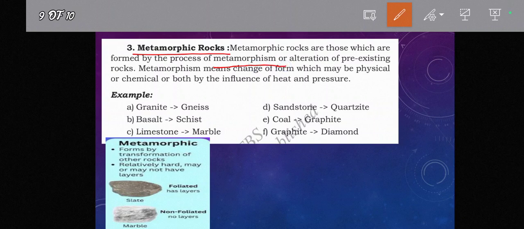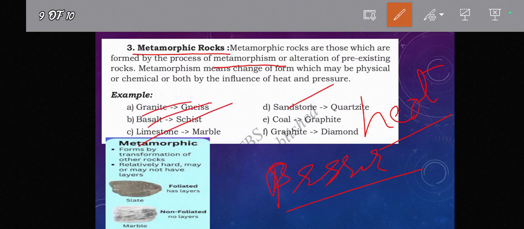Metamorphism is nothing but pressure as well as heat. Heat and pressure are the main factors creating metamorphic rocks like granite, basalt, limestone, sandstone, coal, and graphite. So these are the three important types of rocks.